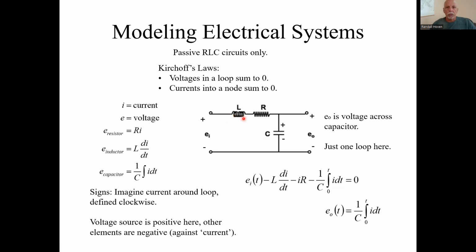The voltage drop of this inductor is proportional to the time derivative of that current. Voltage drop across this resistance is just proportional to the current itself. And the voltage drop across this capacitor is proportional to the integral of the current.